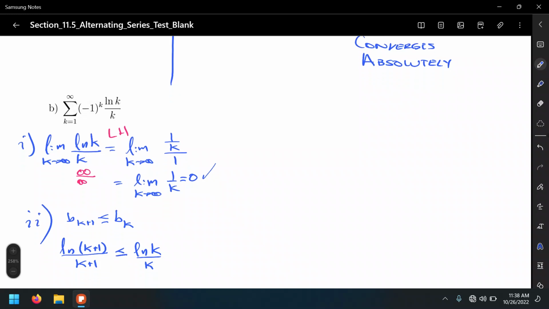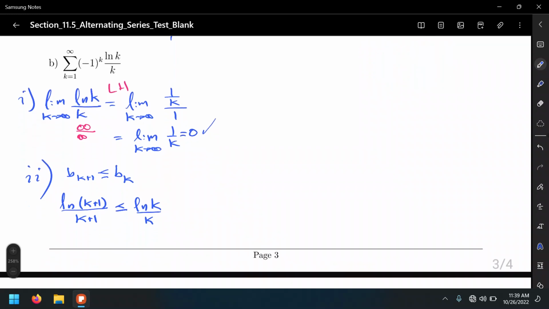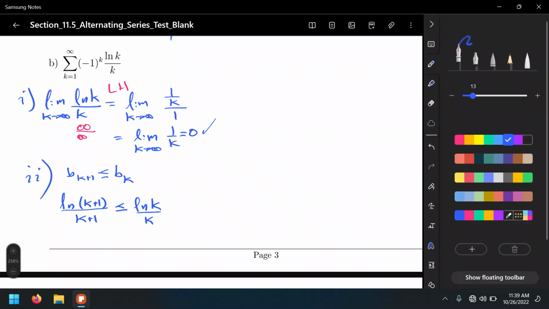However, just like you mentioned earlier, actually the denominator k, which is a polynomial, is a function that grows faster than the logarithmic function, and you can rank the functions. You can make a table of values so you can see how the function y equals x versus y equals ln x, the function y equals x grows faster, or simply with a graph.